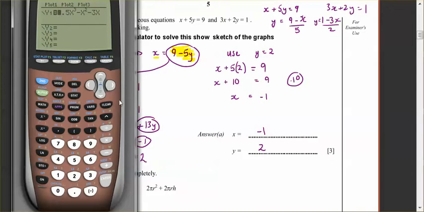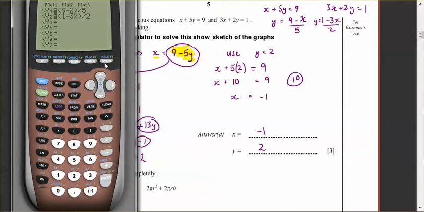So y equals, first one, brackets 9 minus x, all divided by 5. And the second one, brackets 1 minus 3x, all divided by 2. Okay with that?